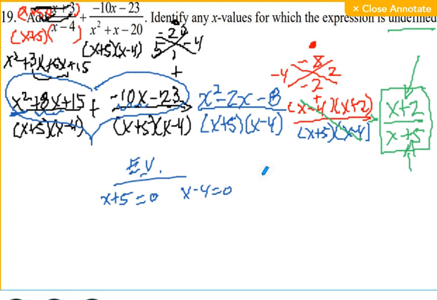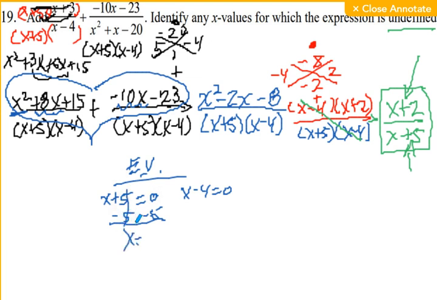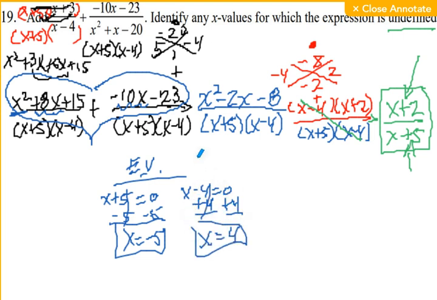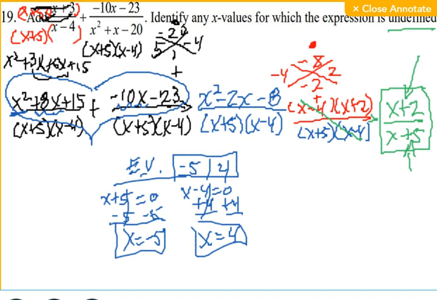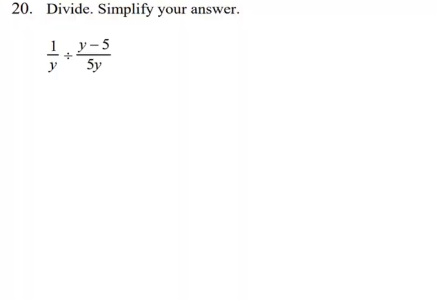Minus 5, minus 5, x equals negative 5. Plus 4, plus 4, x equals 4. So my excluded values are negative 5 and 4. All right? Send me your work, please. All right, number 20 says divide and simplify your answer.